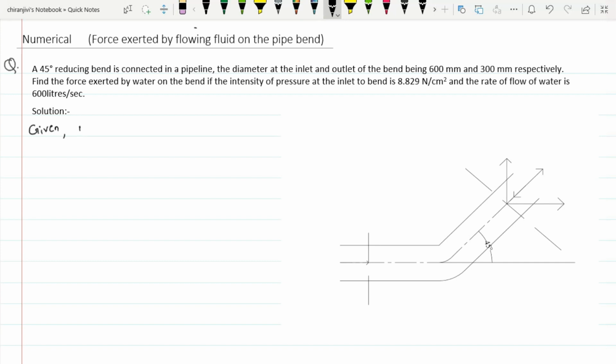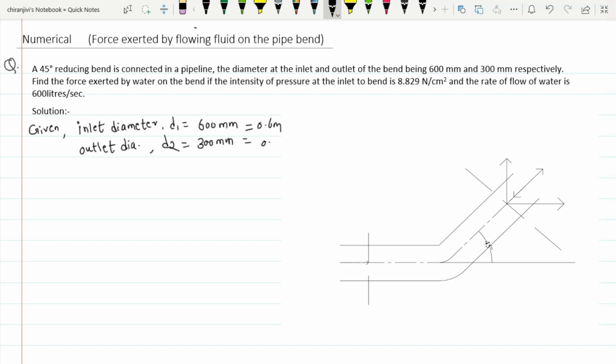So here inlet diameter, this is D1, it is 600 mm, which is 0.6 meter, and outlet diameter. So this is outlet dia. This is D2, 300 mm.